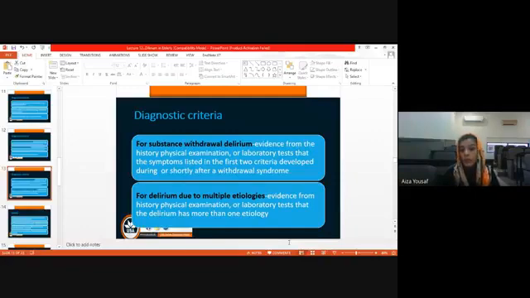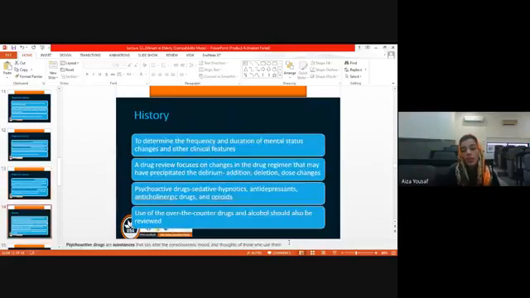For delirium due to multiple etiologies, the patient may have more than one comorbidity, be on polypharmacy, be hospitalized, or have prolonged use of certain medications, such as psychotic drugs for a prolonged period.